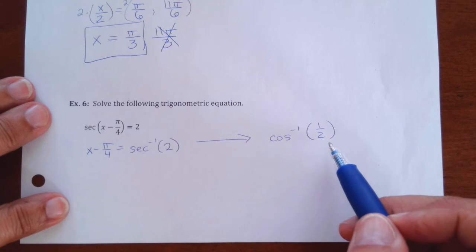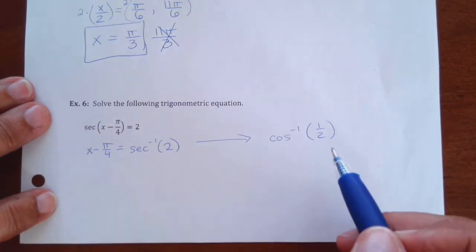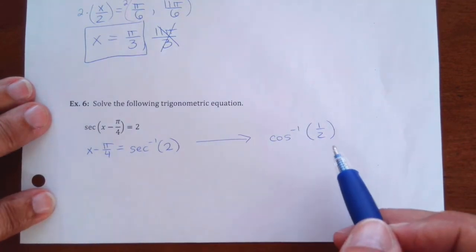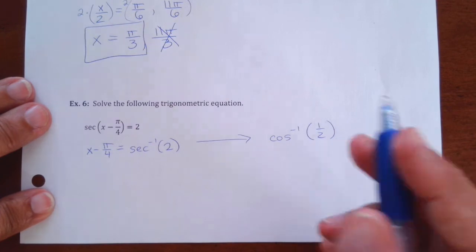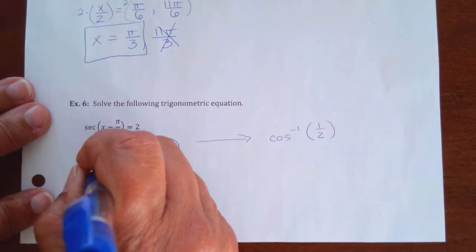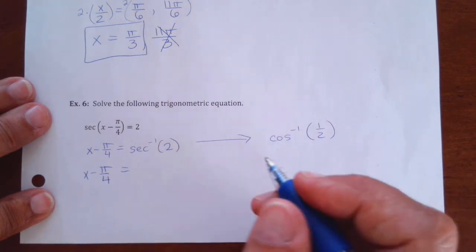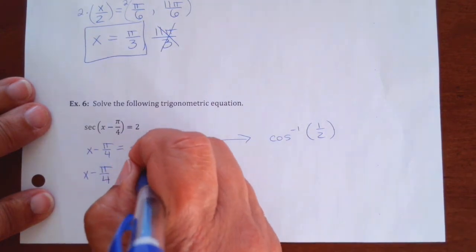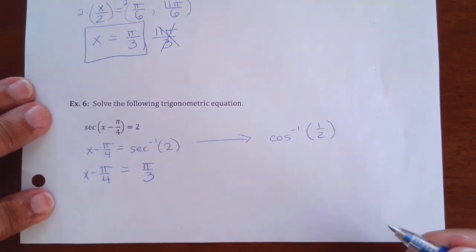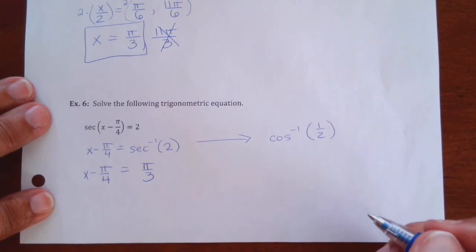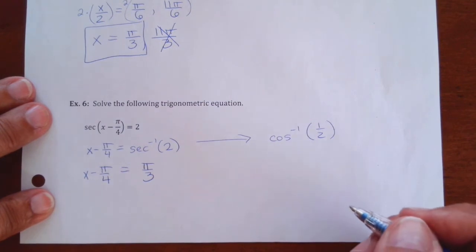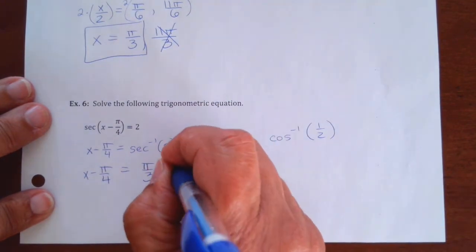So these are on the unit circle. These would not be. So where on the unit circle is the cosine equal to 1/2? Okay, that's what we're looking for. So the cosine is 1/2 at pi over 3. Okay, and the other cosine, remember, is in the 4th quadrant, so that would be at 5 pi over 3.